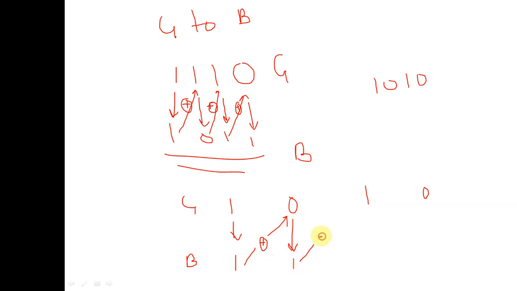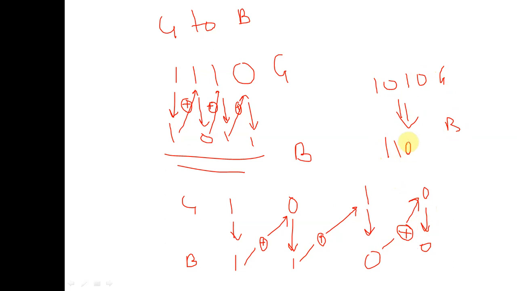Then this 1 is added with this 1, the sum is 0 and carry is 1, but the carry is discarded. And now this 0 is added with 0, answer is 0. So the Gray code 1010 converts into the binary code 1100.